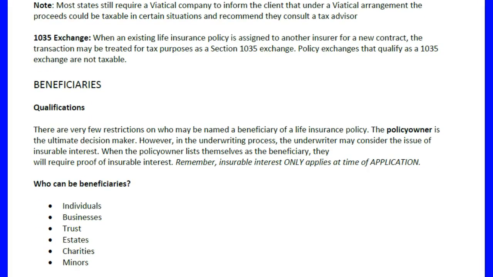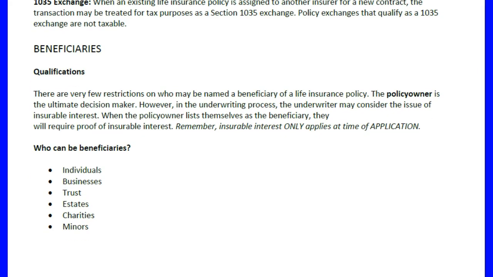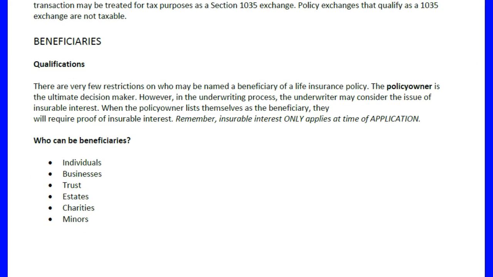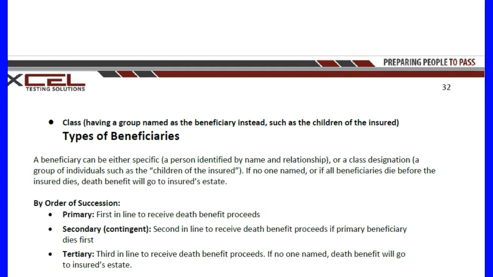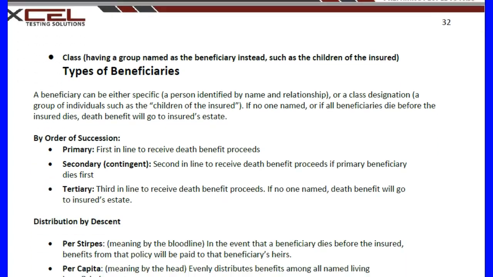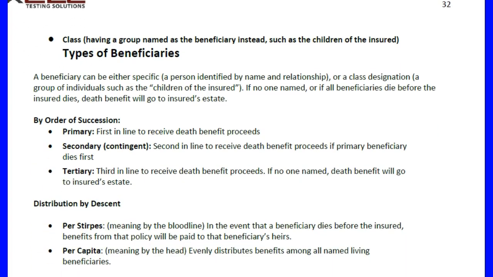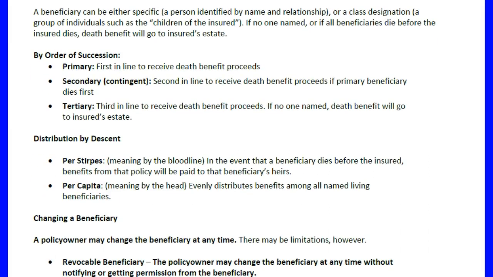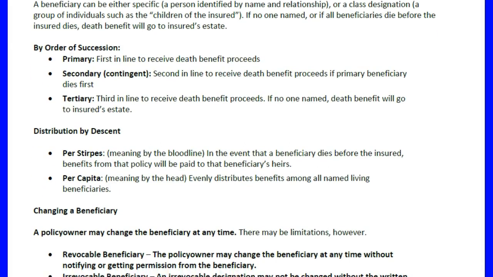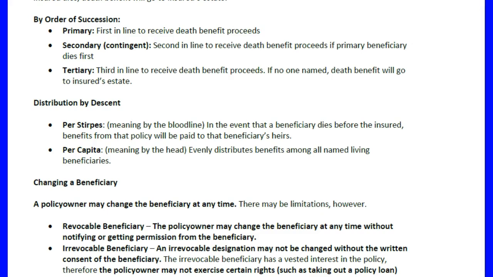Beneficiary qualifications. There are a few restrictions. A beneficiary must be named. Types of beneficiaries: we have primary, secondary, and tertiary. Distribution by descent: per stirps, meaning by bloodline, and per capita, meaning by head.